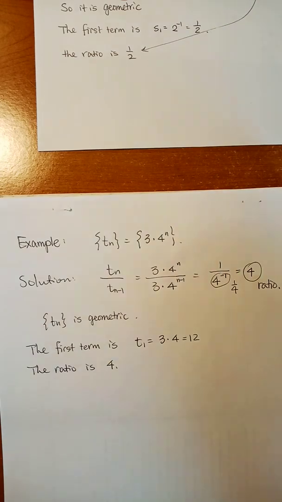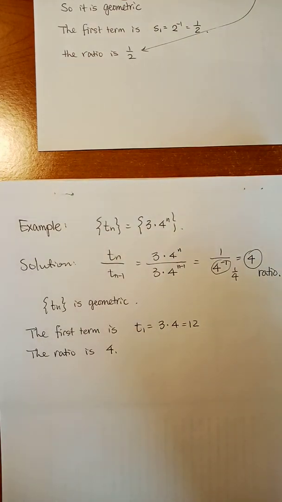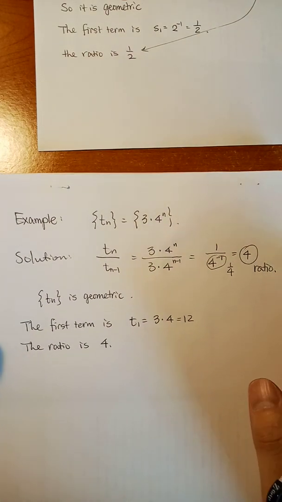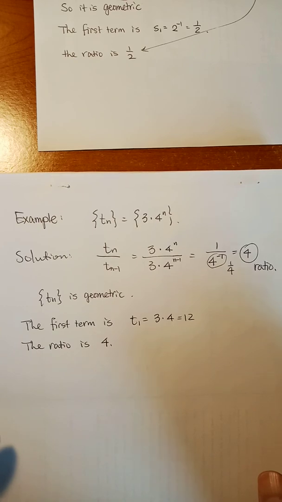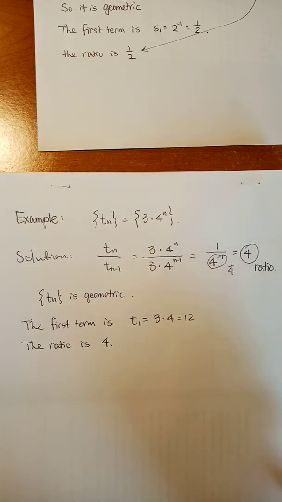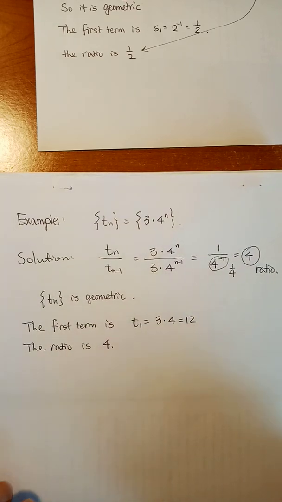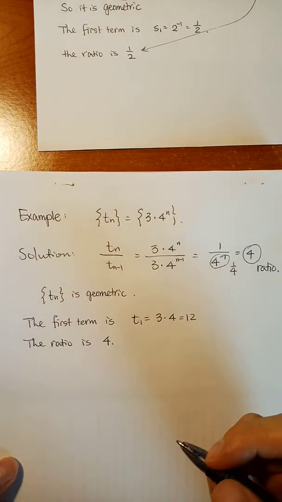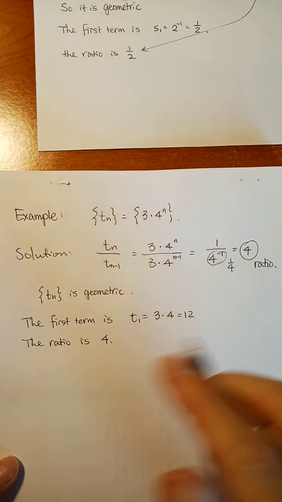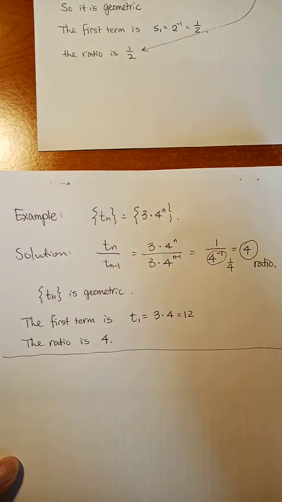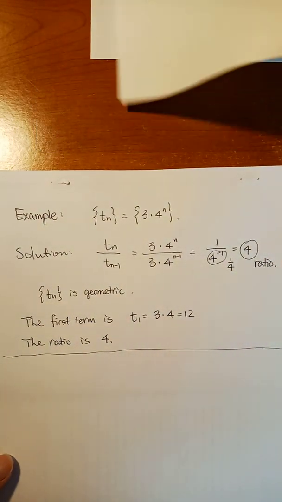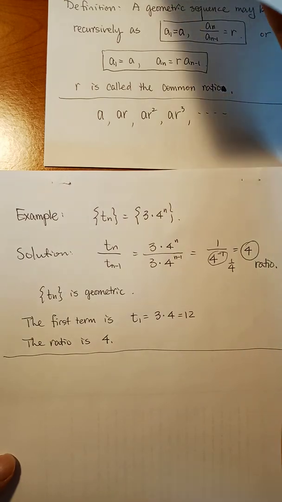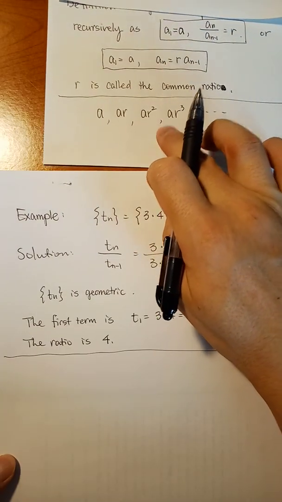Okay, so we have a few examples about the determination of a geometric sequence. And geometric sequence, we start from the recursive formula. Now let's see the general term, a formula for the geometric sequence. Remember that right after the definition of a geometric sequence, we have something like this.